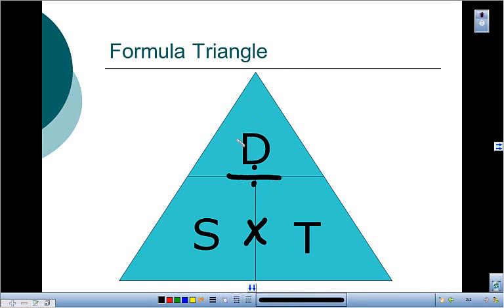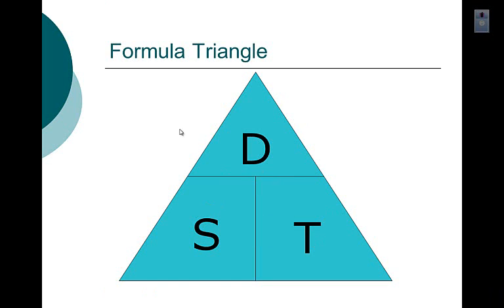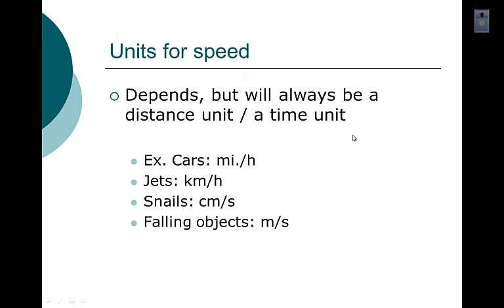If we are looking for distance, then we will cover up distance, and that will give us speed times time. And if we are looking for time, we'll cover it up, and that gives us distance divided by speed. This formula can be very helpful on tests or on assignments to help you remember which formula you need to use.